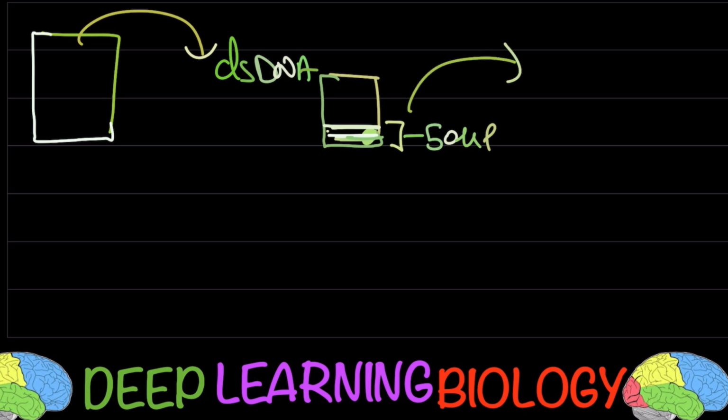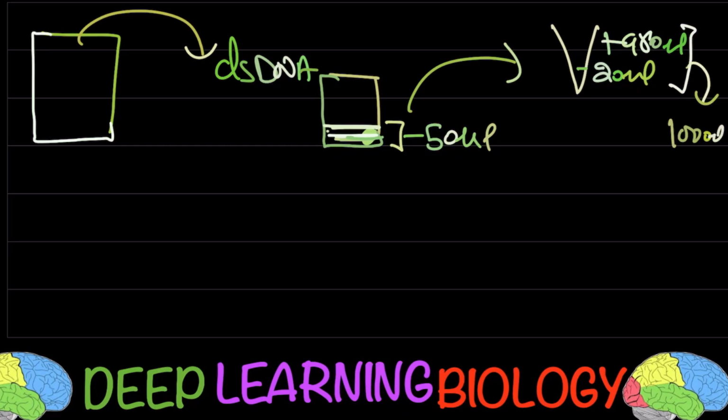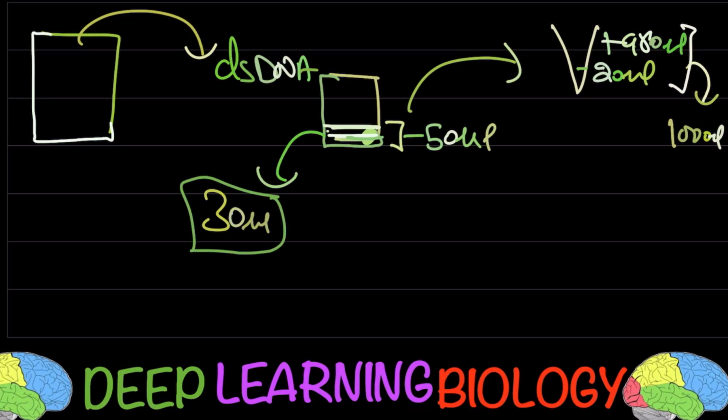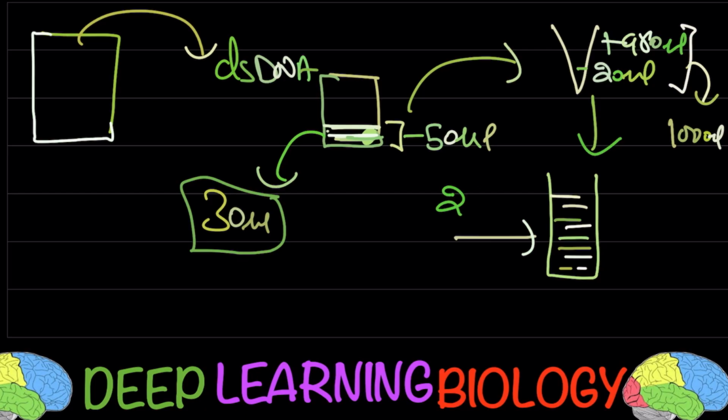Now from here you took 20 microliter, and you add the rest amount of water, 980 microliter, and you make the volume 1 ml, 1000 microliter. So 20 microliter you are using for quantification. Using a quartz cuvette, you quantify, and then you measure the absorbance at 260 nanometer.